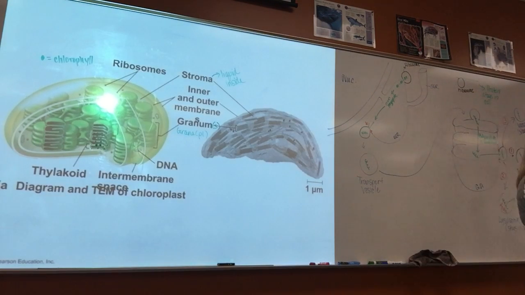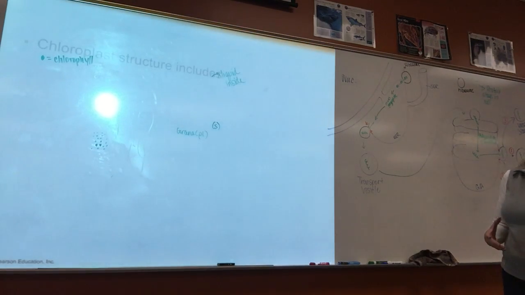So for mitochondria and chloroplasts, knowing what happens there for this chapter is important, but also the structure is important. So one thing to take away from this is how the structure of the mitochondria and chloroplast matches the function. And so that is with the surface area of the inner membrane as well as the thylakoid. So that's a big overarching thing that you need to understand about those.